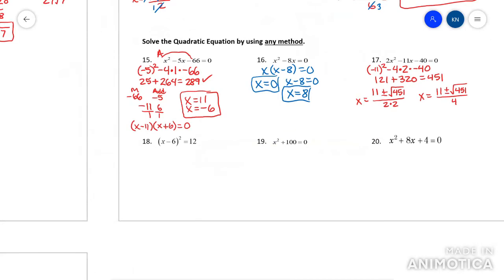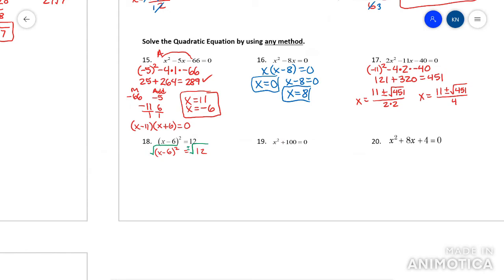Okay, this next one. The square is already by itself. This is a good indication that I should solve by square rooting. So I have x minus 6 squared equals 12. Go ahead and just square root it. Don't forget plus minus.